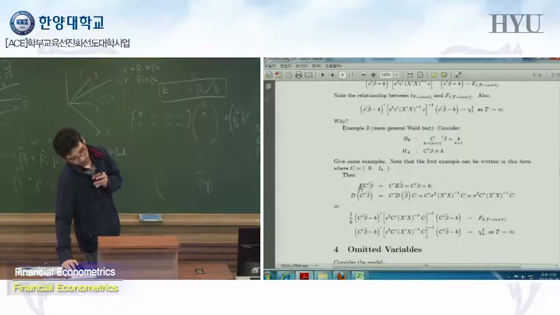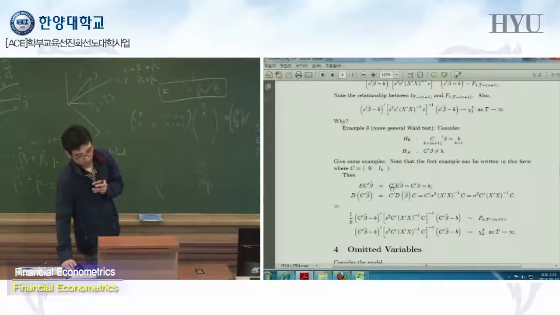Okay, the expectation of C prime beta hat. Now C is the k by n plus 1 matrix. So the expectation of C prime beta hat equals C prime times the expectation of beta hat. But in OLS regression, the expectation of beta hat is equal to beta. So if our null hypothesis is right, C prime beta should be B. Right?